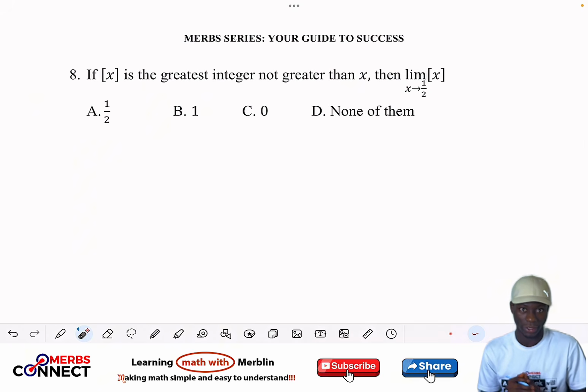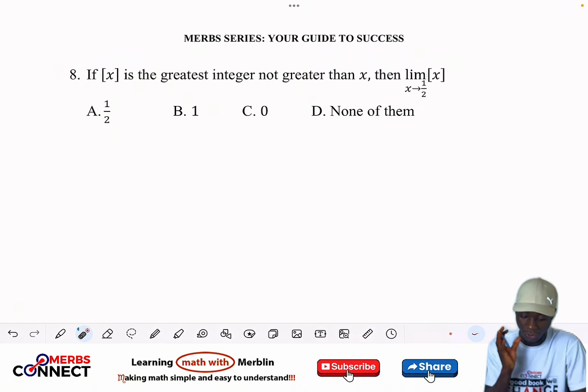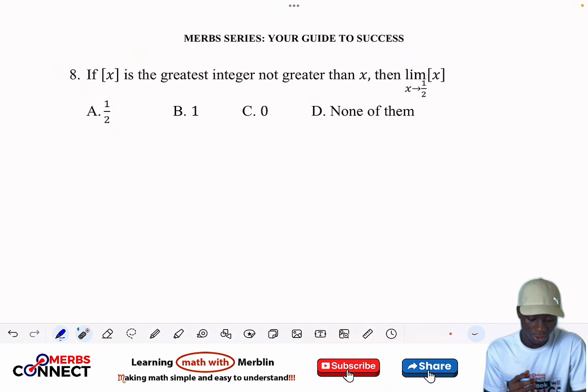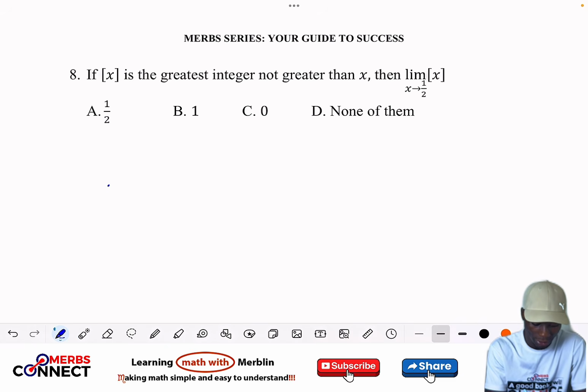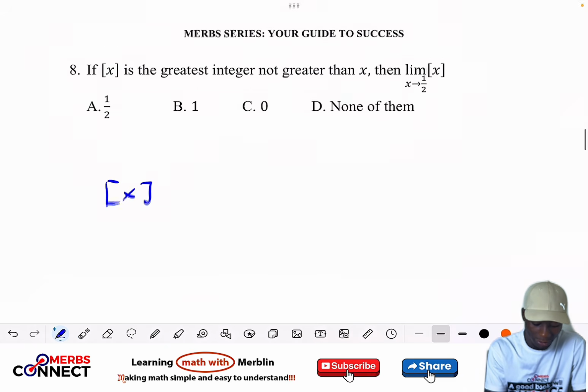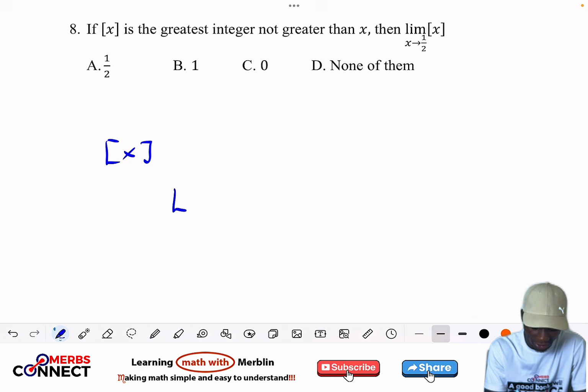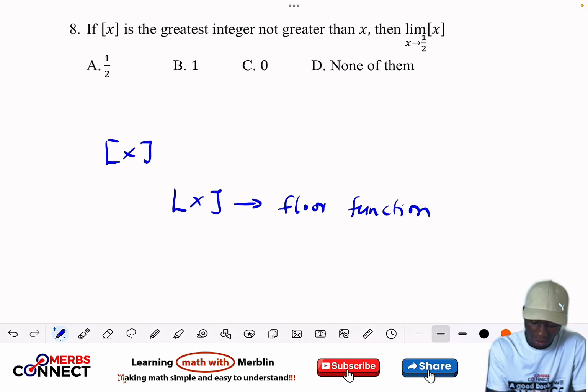Good. I love this question. And I'll show you techniques that you are going to use if the question is changed, right? So when we talk about this, we are basically talking about the floor function. When you see something like that, we call it the floor function. This is a floor function. And when you talk about a floor function, this is what we mean.